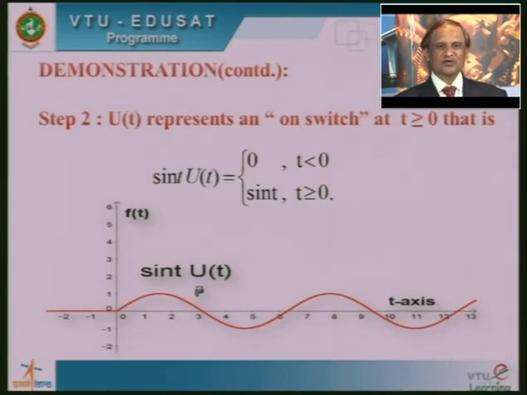How do we write it mathematically? Sin t into u of t equals 0 when t is less than 0, and equals sin t when t is greater than or equal to 0. You observe that the left hand side sine curve is not visible, it becomes 0. Only the right hand side curve is visible. So this is one type of unit step function.